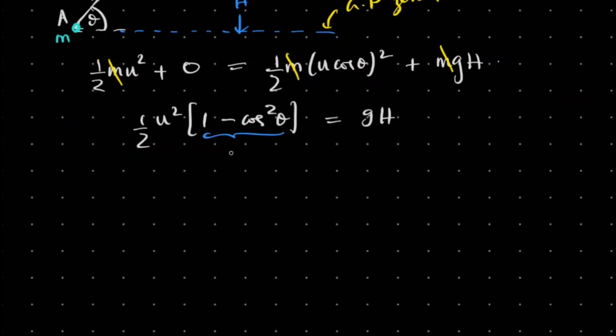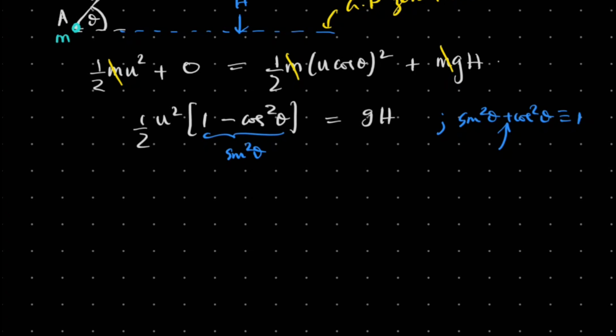If you remember, 1 minus cos squared theta is sine squared theta, as sine squared theta plus cos squared theta is one of the identities in trigonometry, which is very important. It's basically the Pythagoras identity in trigonometric terms.